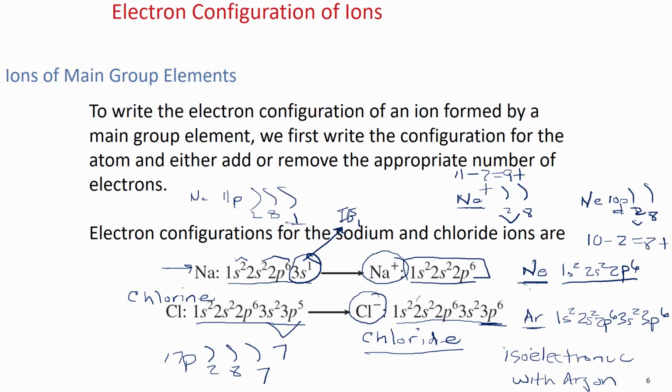The core remains the same, and the electrons in the inner shell, up to 2p6, are the same. So that last electron that we added to chlorine to make it chloride is not attracted to the nucleus, so the chloride ion is larger than the chlorine atom, whereas the sodium ion is much smaller than the sodium atom.